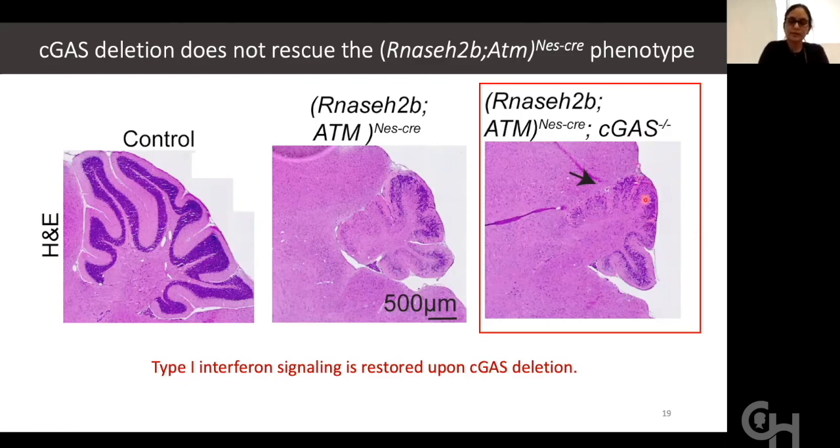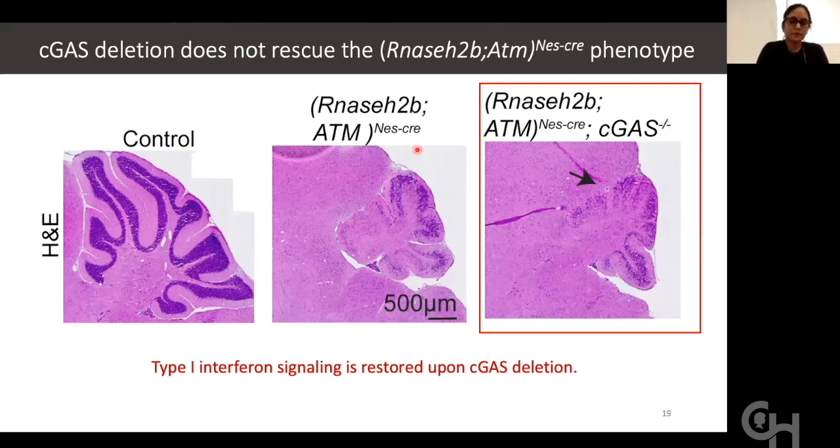However, when we look at the cerebellum, its size is very similar to the RNase ATM double knockout, and we didn't see rescue of the cell loss either, although type 1 interferon signaling is restored in these mice.